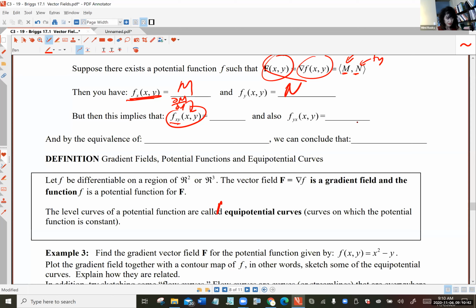And then what do we know about these mixed partials? Second partials are equal. Yeah, by the equivalence of mixed partials, we can conclude that M_y is equal to N_x, which you can also rewrite, if you're using more of the differential notation, dM/dy equals dN/dx. Same thing. So that's why the test works. Pretty cool, huh? It's a quality of mixed partials.